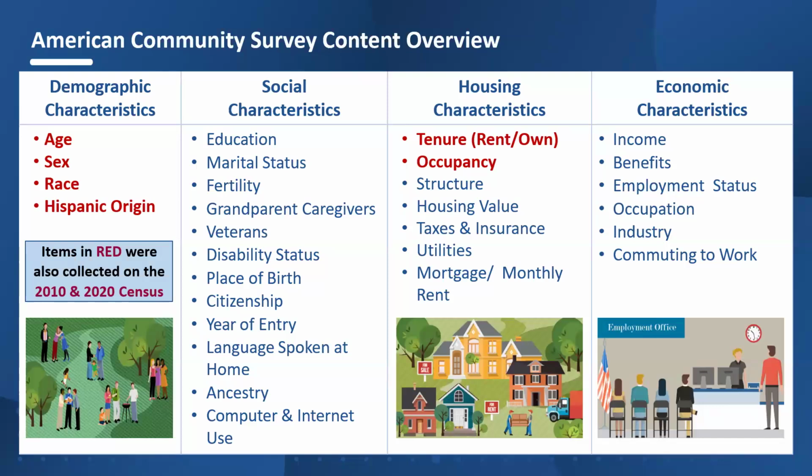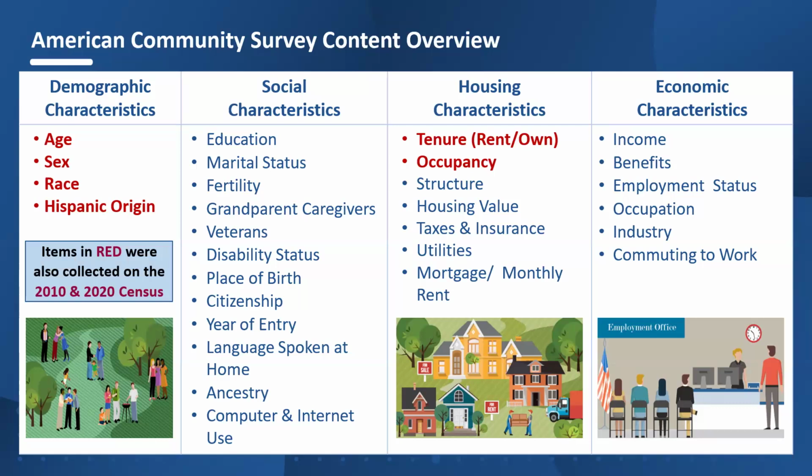Okay, so I mentioned those demographic, social, housing, economic characteristics. When you receive the PDF, this would be a good reference tool to understand what characteristics fall where and how they relate. So these are the different topics covered by the American Community Survey. As mentioned, over 40 topics, and they're organized under these four categories or characteristics.